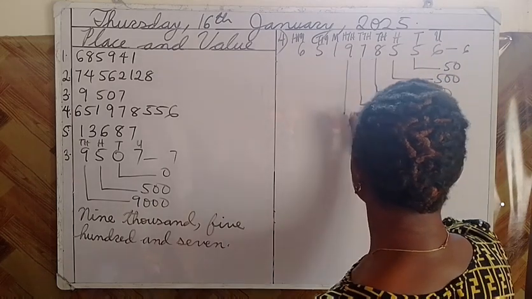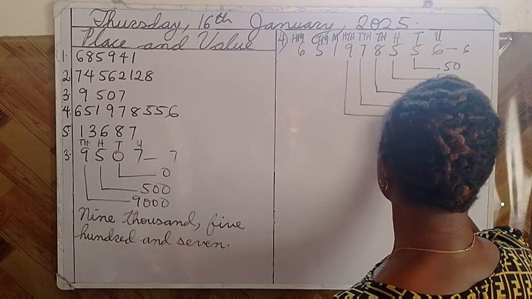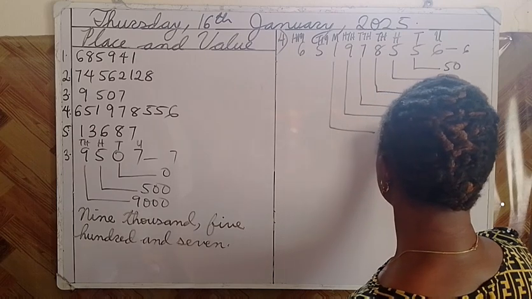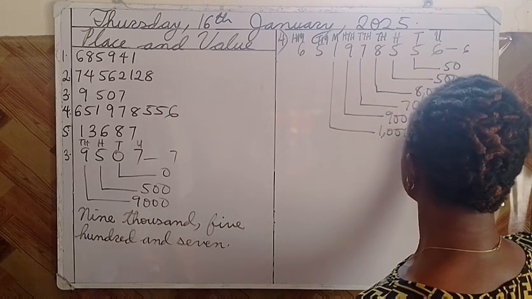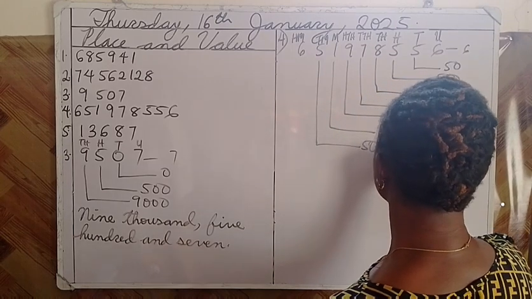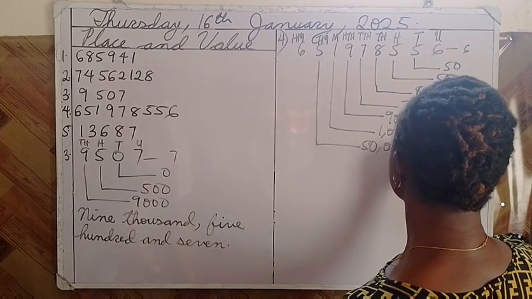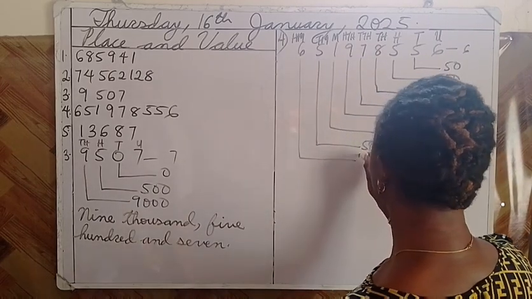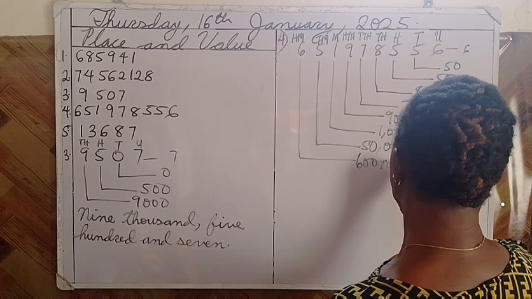The value of 9 is 900,000. Value of 1 here is 1 million. The value of 5 is 50 million. And the value of 6 is 600 million.